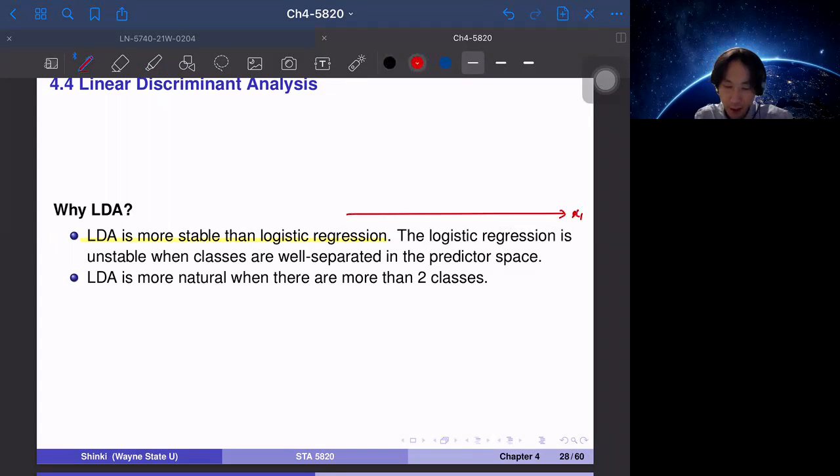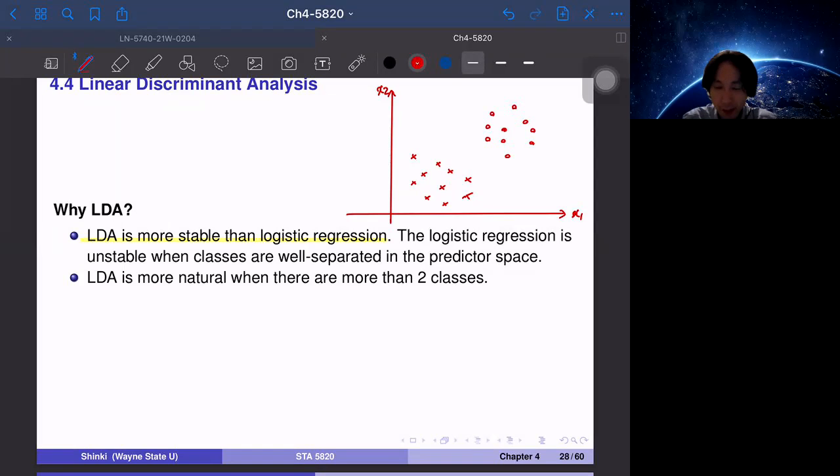Suppose we have x1 and x2, two predictors, and we have the scatter plot and logistic regression. So we have binary y. One class is here and another class is here, so it's well separated.